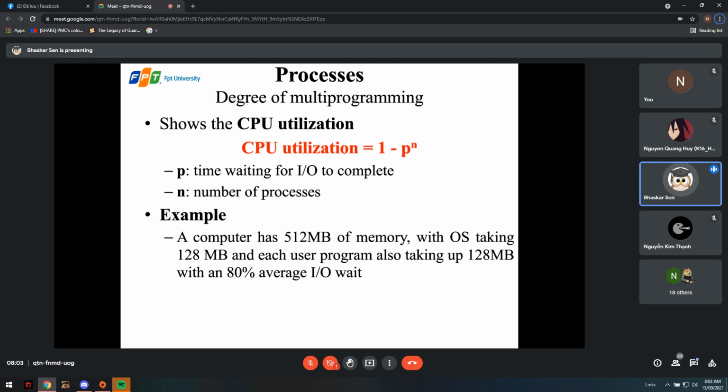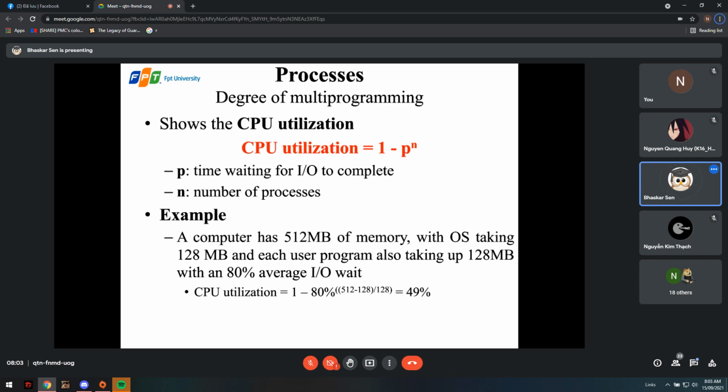If you put these values into the equation, this is what you get: 49%. In the current scenario, it is 49%. Okay? So that is what we get at the moment.